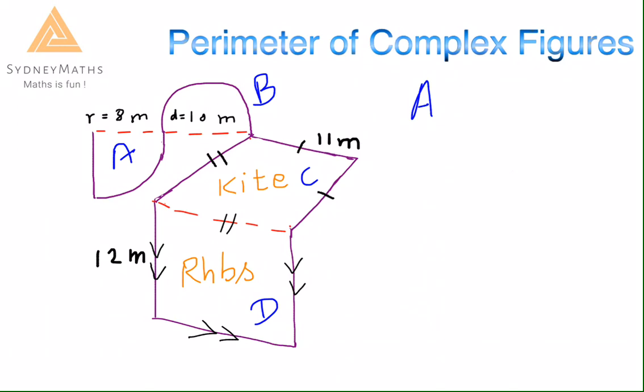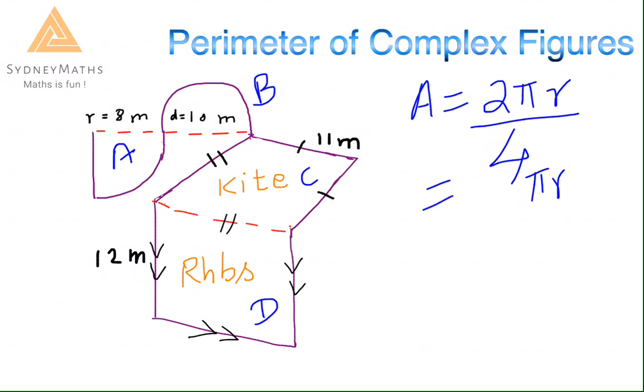Part A is nothing but a quarter of a circle. And we know that the circumference of a circle is calculated as 2 pi r. But that is the circumference of the full circle. So if you wanted to find the circumference of a quarter of a circle, you have to divide it by 4. So this becomes pi r by 2.